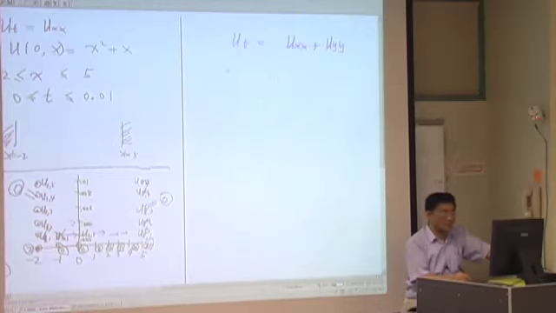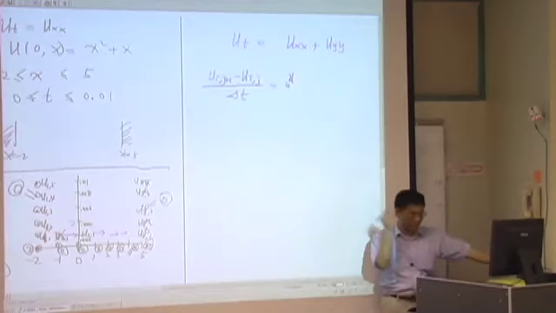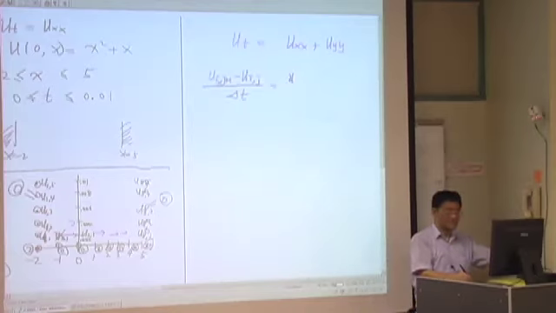Oh, u_t is (u_ij plus 1 minus u_ij) over delta t. And u_xx, u_yy, so we need 3 numbers in this index, right?